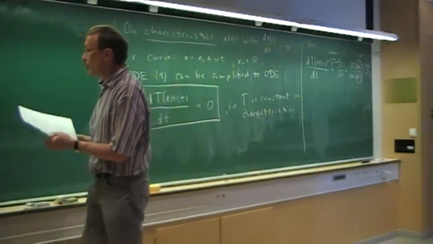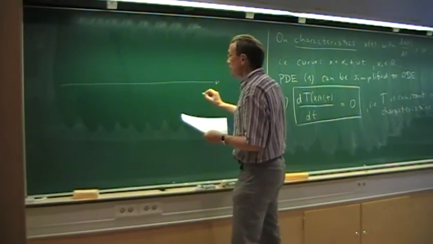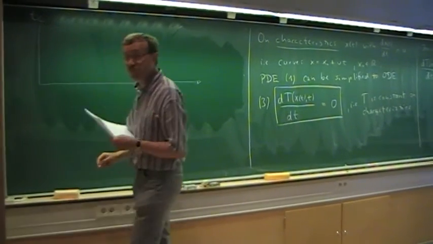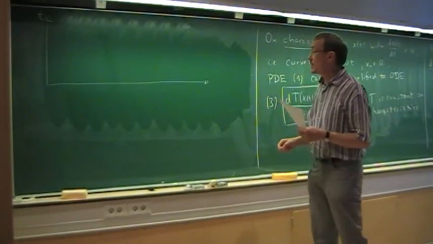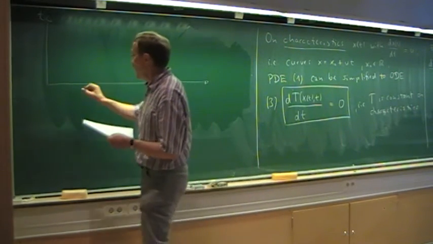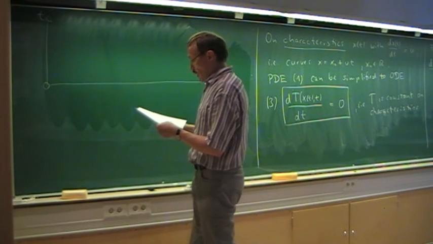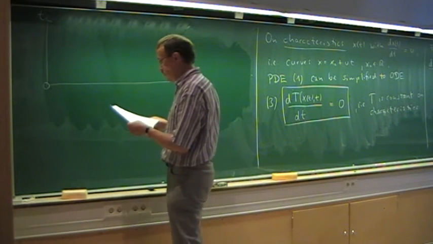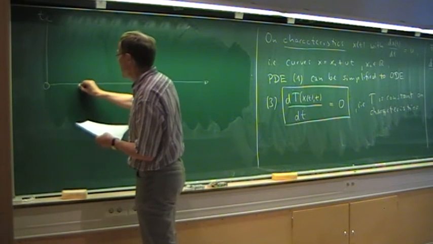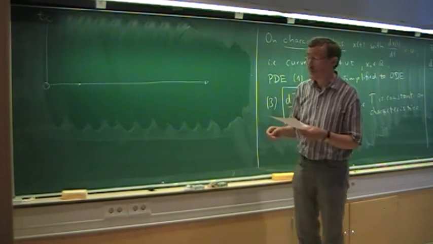If we look now first in the xt diagram, where t is time, so the xt diagram, and we assume that we have, say, the origin here, and that we start at some point, then we can always write the characteristics there.